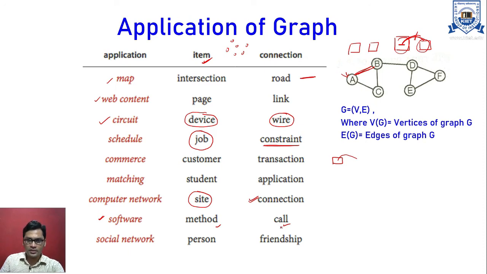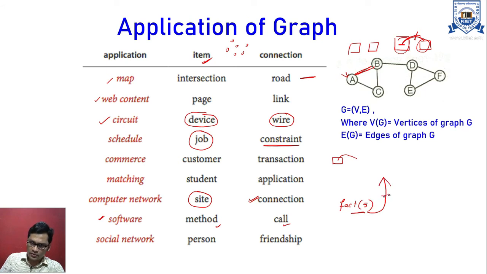For example, suppose I'm taking a simple application like a factorial program. If you write a factorial program recursively, then factorial is calling factorial for 5. So this is a method, and this method is going to call the factorial of 5.